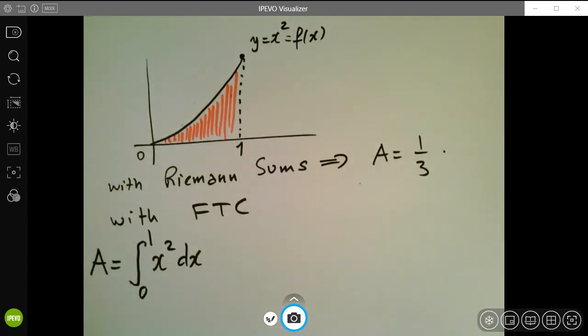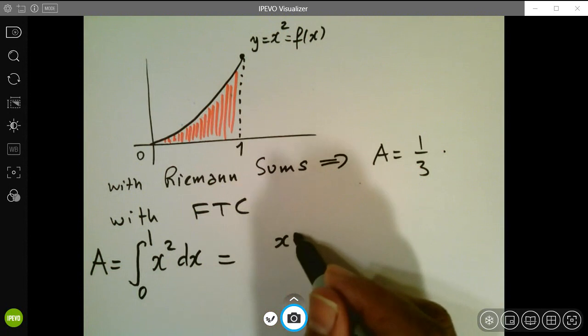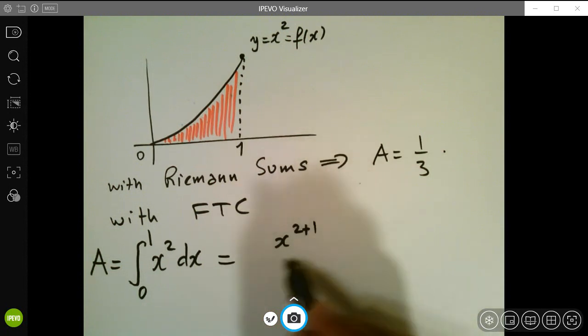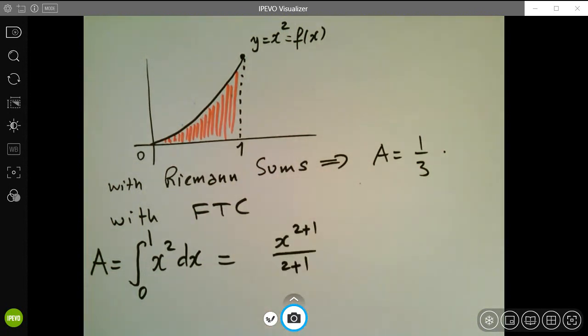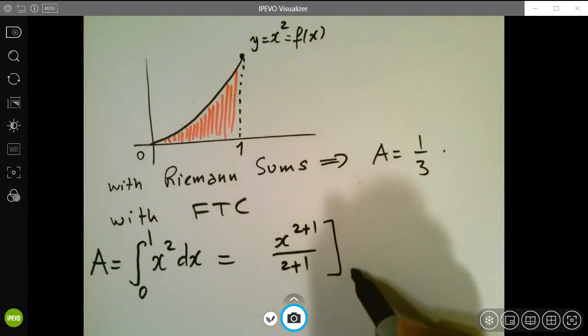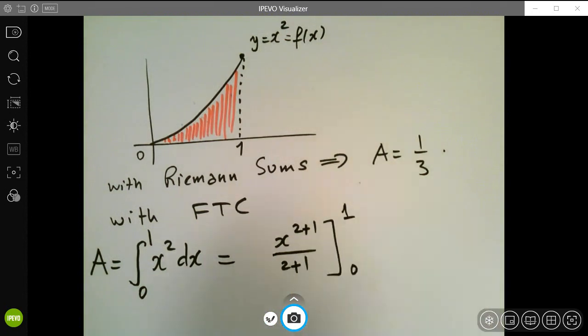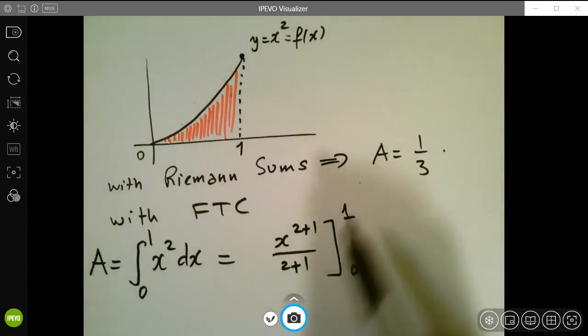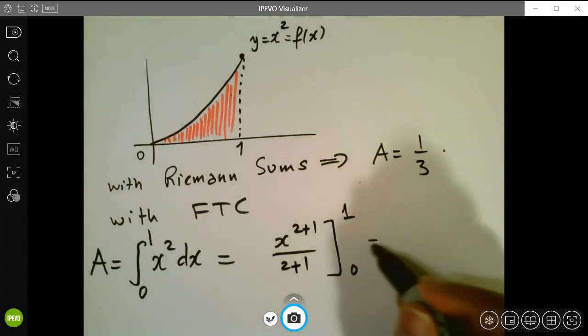Now I need to figure out what is an antiderivative of x squared. This is x to the 2 plus 1 over 2 plus 1, that's the antiderivative, which is x cubed over 3. This is how we will write it down, from 0 to 1.